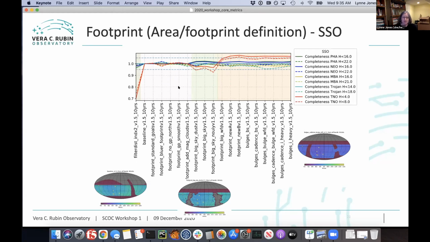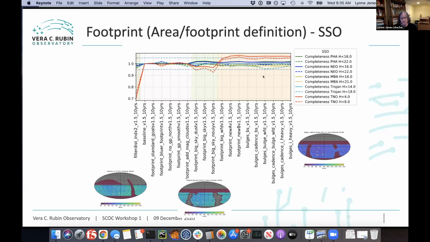And then here we have the same thing for the solar system. Generally, the number of visits per pointing isn't dropping below thresholds. It's maybe a little bit noticeable here where we're having fewer visits per pointing. But in general, the bigger footprint is an improvement in all of the solar system metrics. It's worth noting that these solar system metrics do not include crowding.